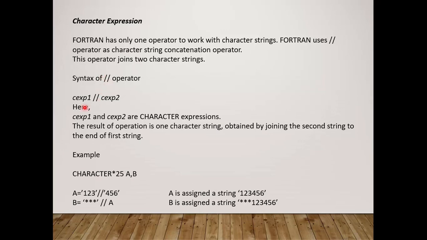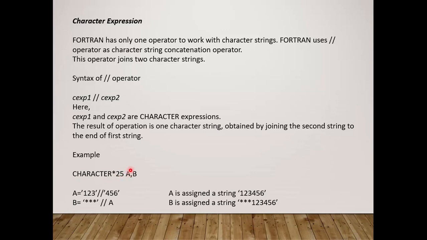Suppose we write CEXP1 double slash CEXP2. This is the syntax of the concatenation operator, where CEXP1 and CEXP2 are character expressions, while the result of the operation is one character string only. Just like in the example here, first of all we have to define the character data type: star 25 a comma b.